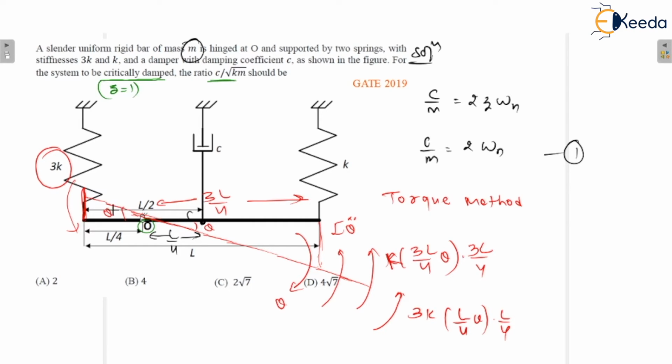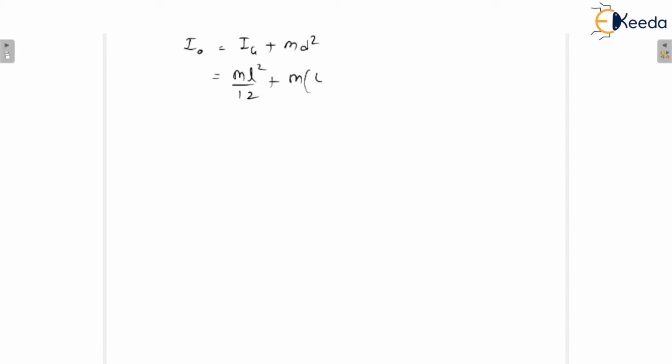This is total L by 2, half of the length, and this is L by 4, so d becomes L by 4. You multiply with L by 4 whole square. When you solve this, you will get ml square into 1 by 12 plus 1 by 16, which is 7 by 48.